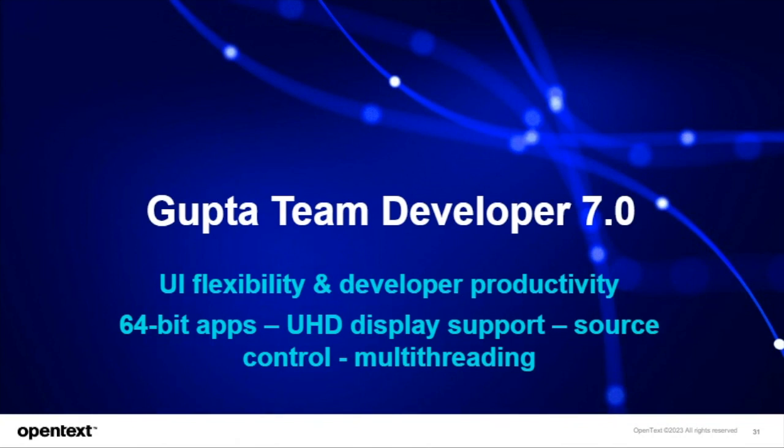With Team Developer 7.0, and that now is when OpenText times begin, since OpenText acquired Gupta in 2015. Team Developer 7.0 was the first OpenText release. And again, UI flexibility and developer productivity were the main themes throughout these 7.x releases.